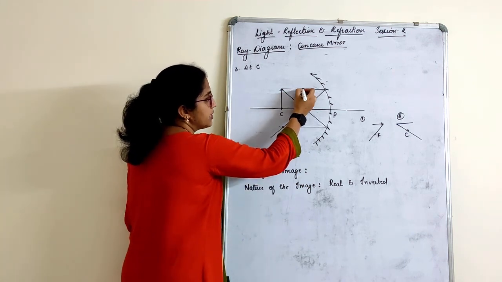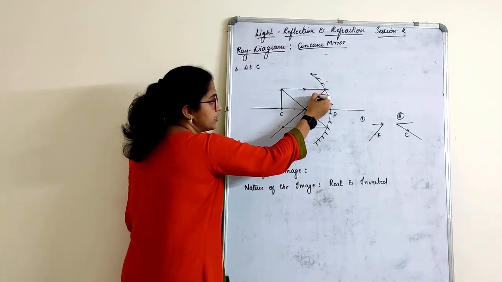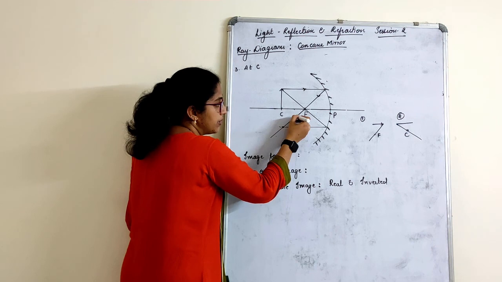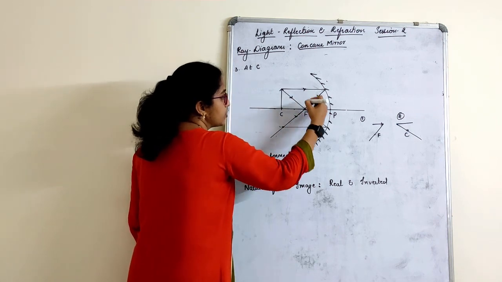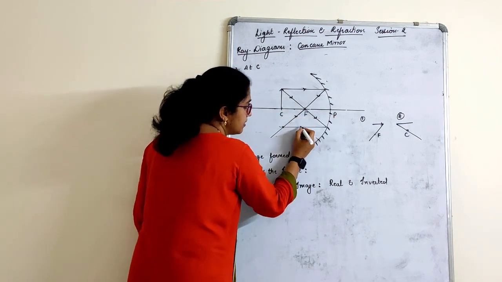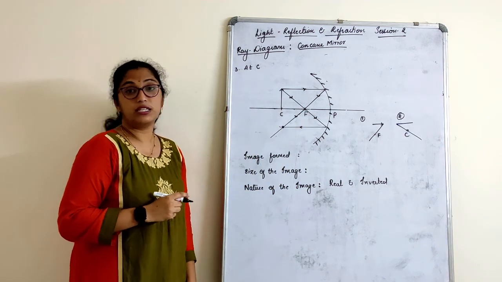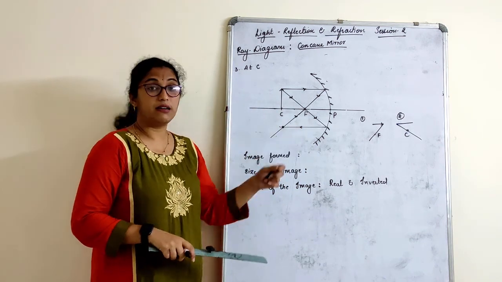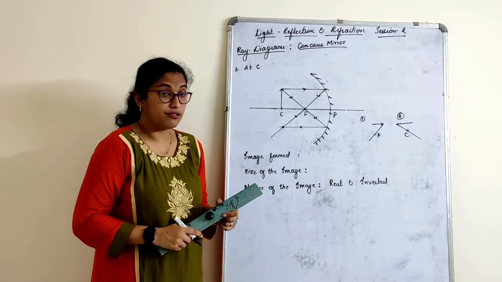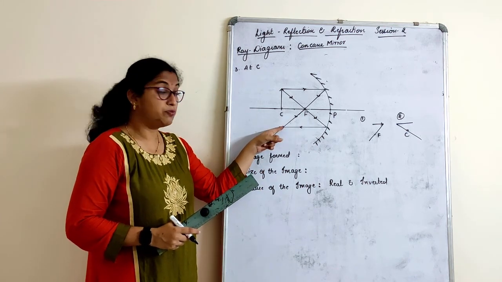Let me draw the arrow marks. First arrow will go here, the second arrow will come down. This arrow is going here, it is coming here, it will travel. The point of intersection is here. This ray diagram is not very easy, children. See, I got it at this point, right?